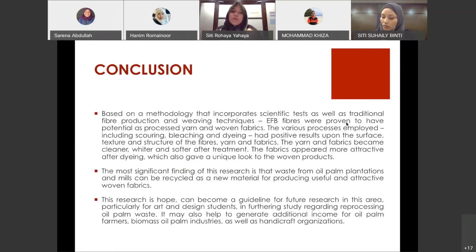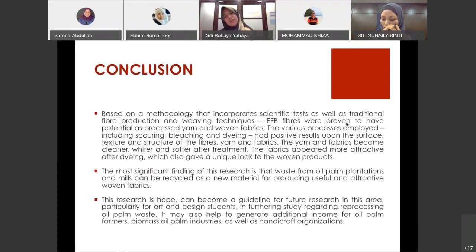The yarn and fabrics become cleaner, whiter, and softer after treatments. This is all the fiber extraction process, scouring, bleaching, and also cleaning. The fabrics appear more attractive after dyeing, which also gives a unique look to the woven products.